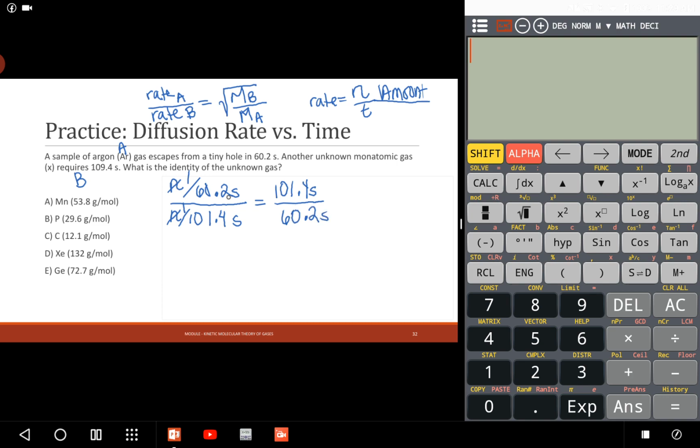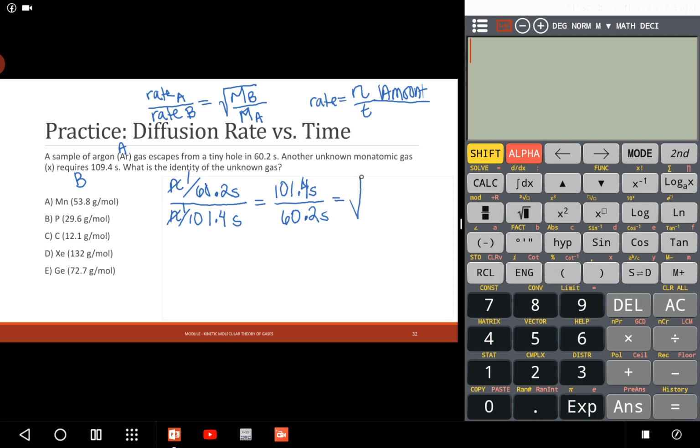Rate and time are inversely proportional. And so even though the rates are set up with A over B, the times actually get set up with B over A. A car traveling faster will reach its destination in less time.